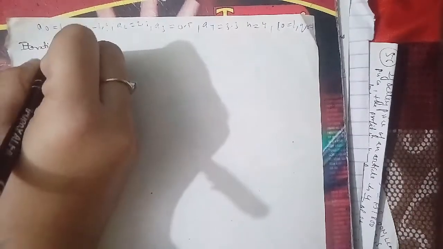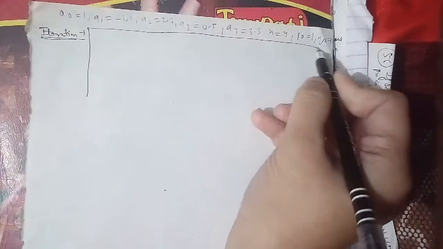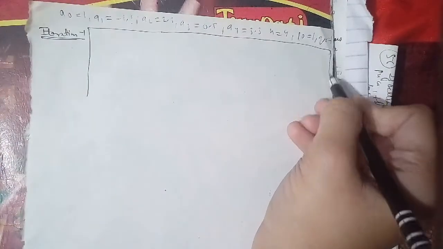So for iteration 1, the synthetic division will be made here. So that will be minus P0 is equal to minus 1 and minus Q0 is equal to minus 1.